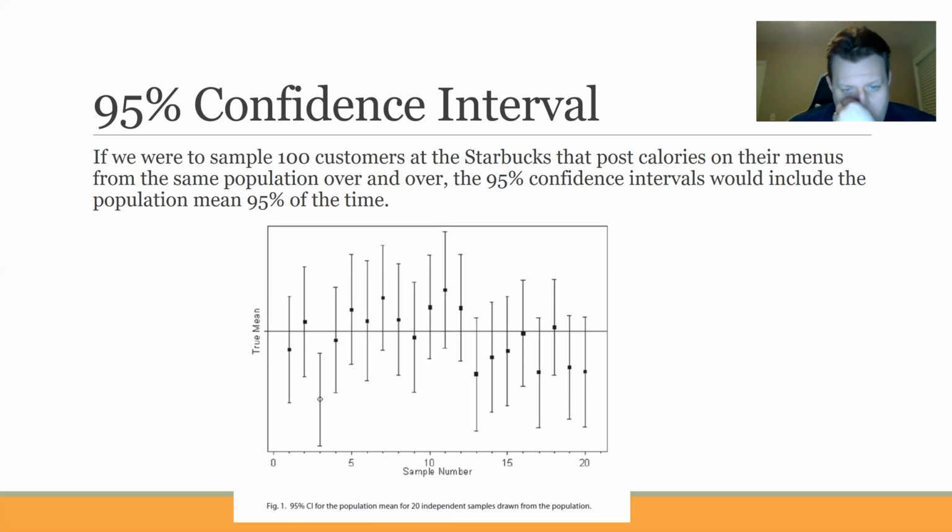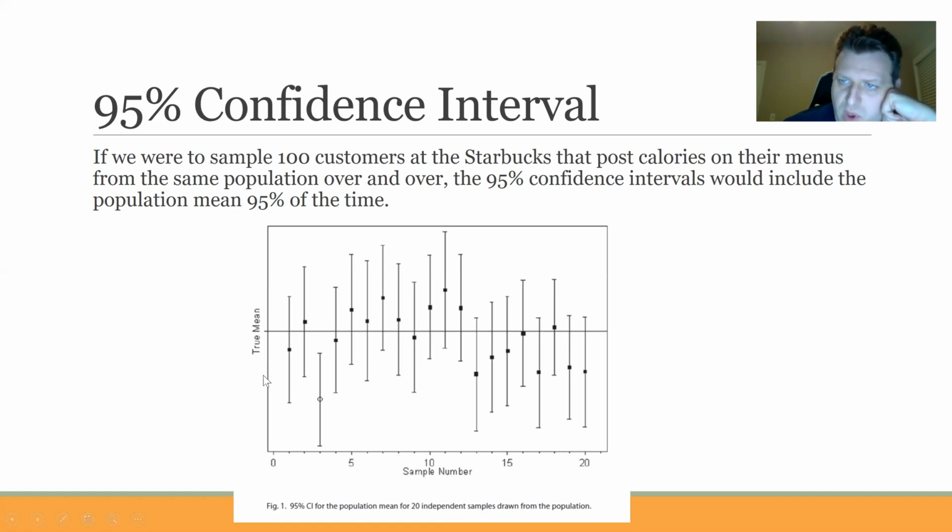So for instance, here we are looking at creating confidence intervals in a particular study. In this situation, we know what the true population mean is, and we see that the majority of the confidence intervals, 19 instances, cover the true population mean.